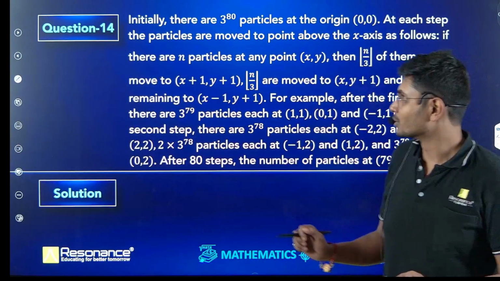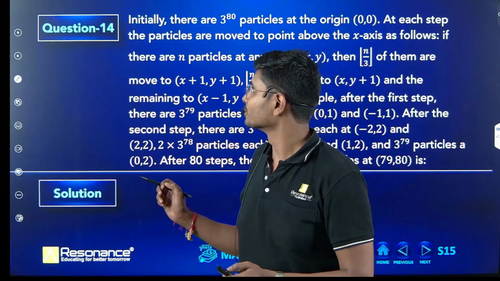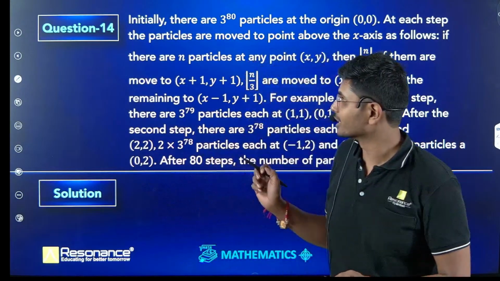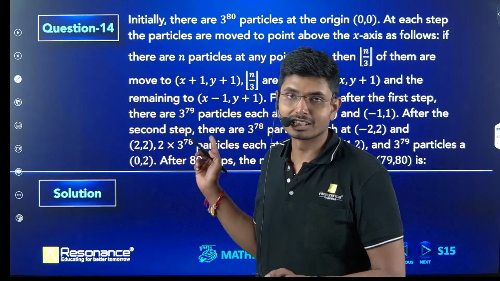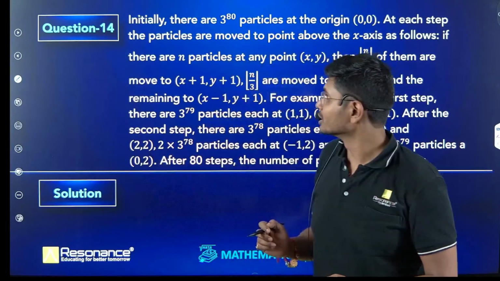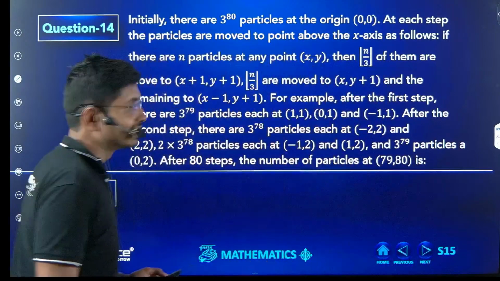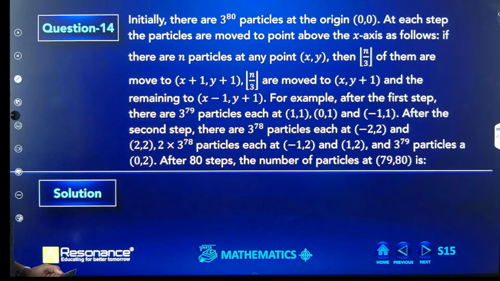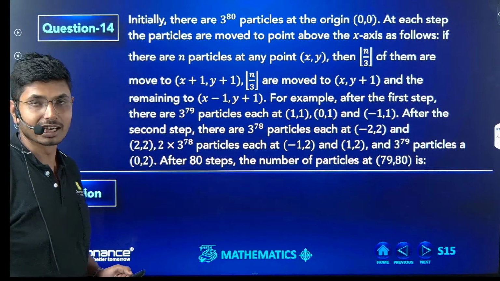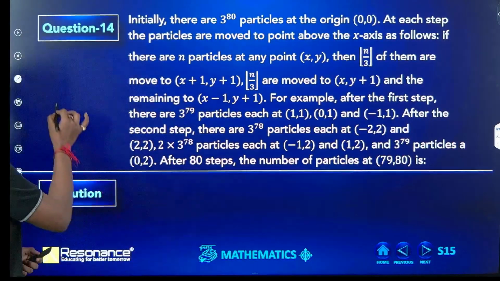Today we are here to discuss question number 14, which was recently asked in today's papers. In this question, initially there are 3 to the power 80 particles at the origin. What is the meaning?